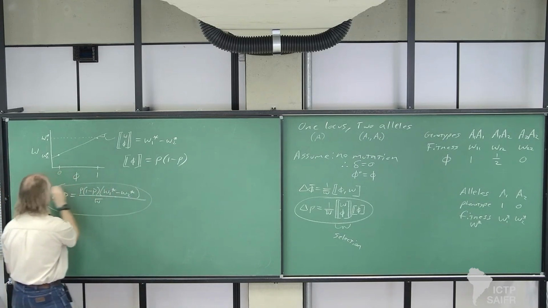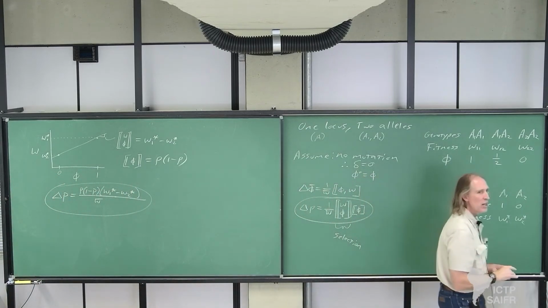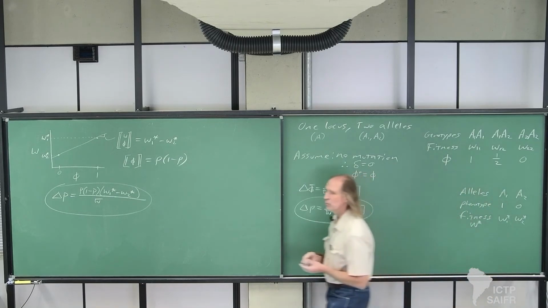That is our standard equation in population genetics for one locus, two allele, change in allele frequency. You can find this in any textbook of population genetics.